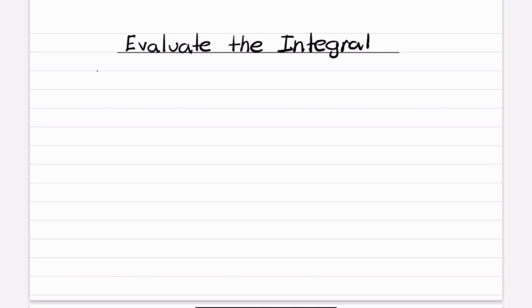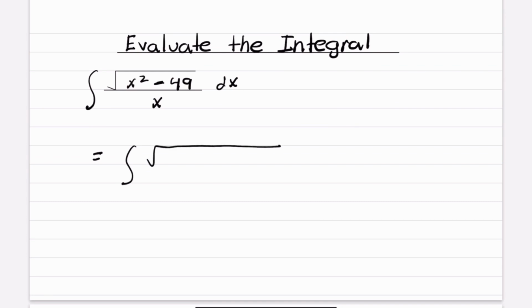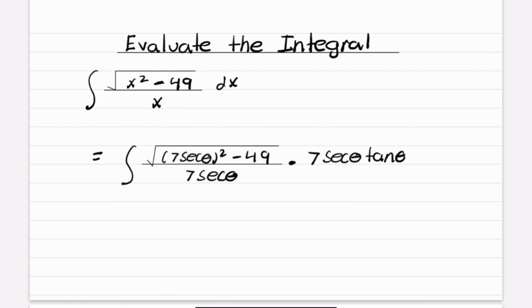So beginning with our original integral, we have the integral of the square root of x squared minus 49 divided by x dx is equal to the integral of the square root of, well, we said that x was equal to 7 secant theta, so we have 7 secant theta squared minus 49 over 7 secant theta times the value of dx, which was 7 secant theta tan theta d theta.